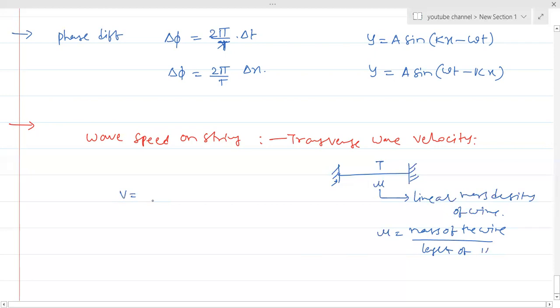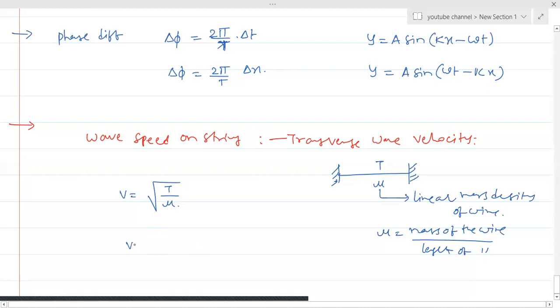So we have many possibilities right from here. V equivalent to root over T by mu. We can substitute any logic of force instead of T. Simply we will say V is equivalent to root over T by mu, or we will take root over T by area of cross section, pi r square, into rho.